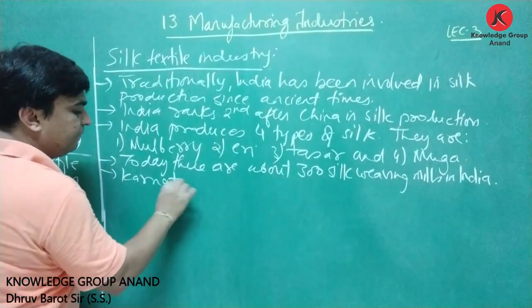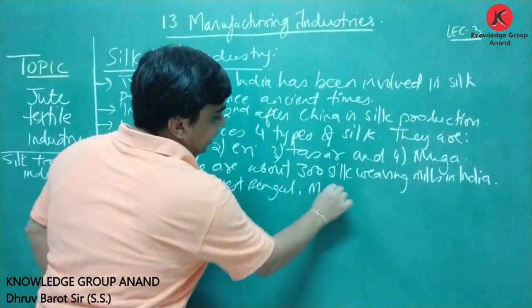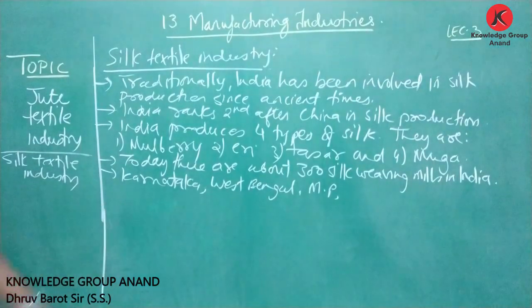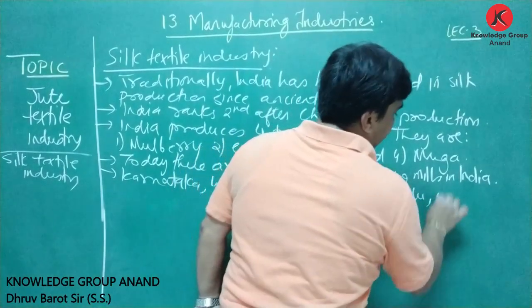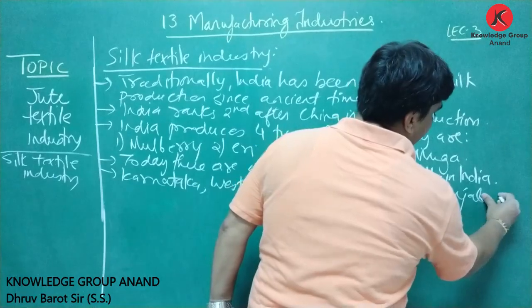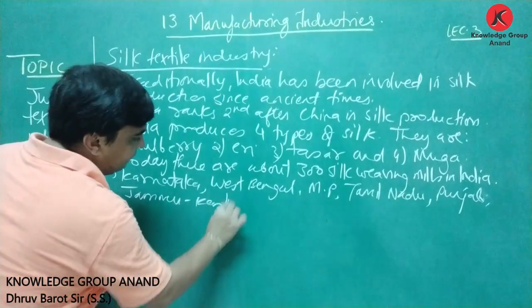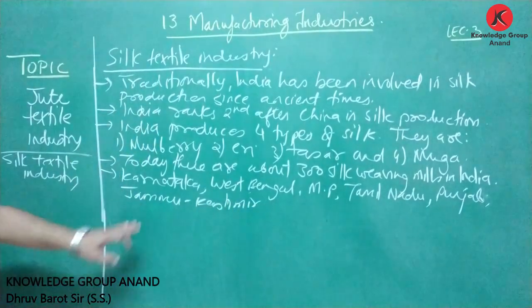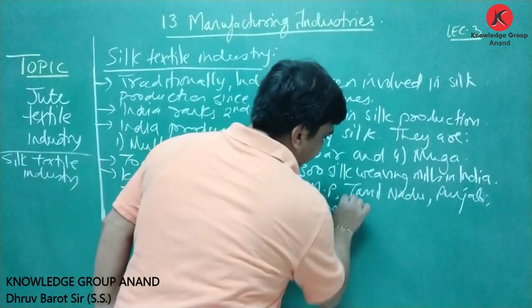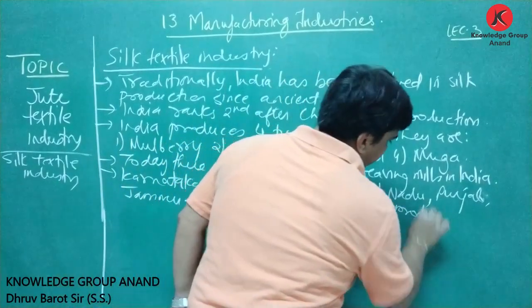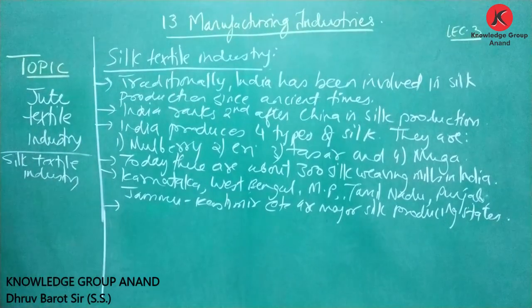Karnataka, West Bengal, Madhya Pradesh, Tamil Nadu, Punjab, Jammu Kashmir, etc. are the major silk producing states.